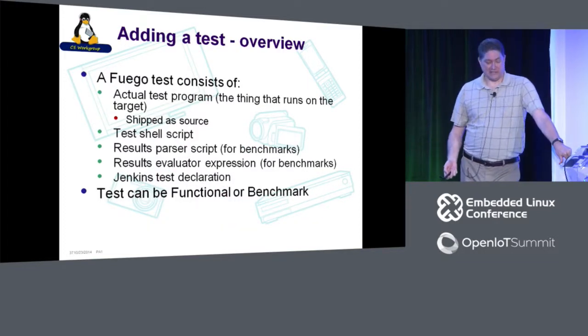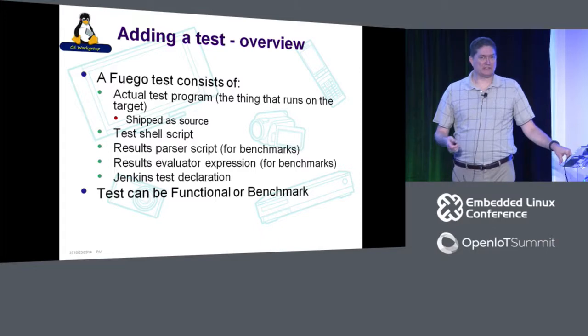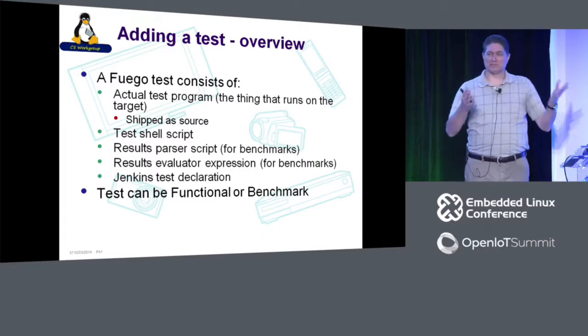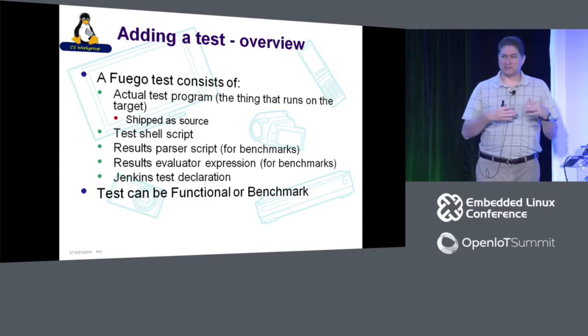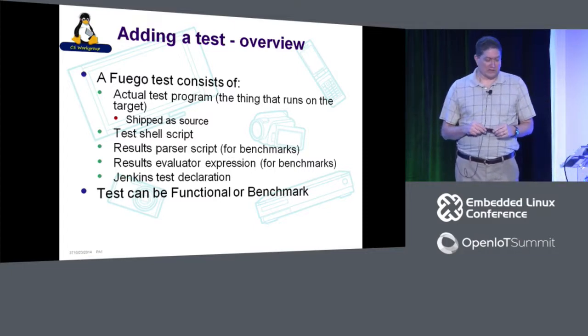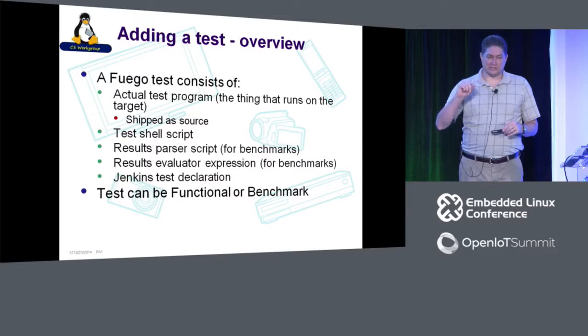Finally, how do you add a test? So the Fuego test consists of the actual test program, something like Bonnie or IOZone, and that is shipped as source as part of Fuego. And then also there's the test shell script, which I talked about earlier, that turns into this overlaid thing.